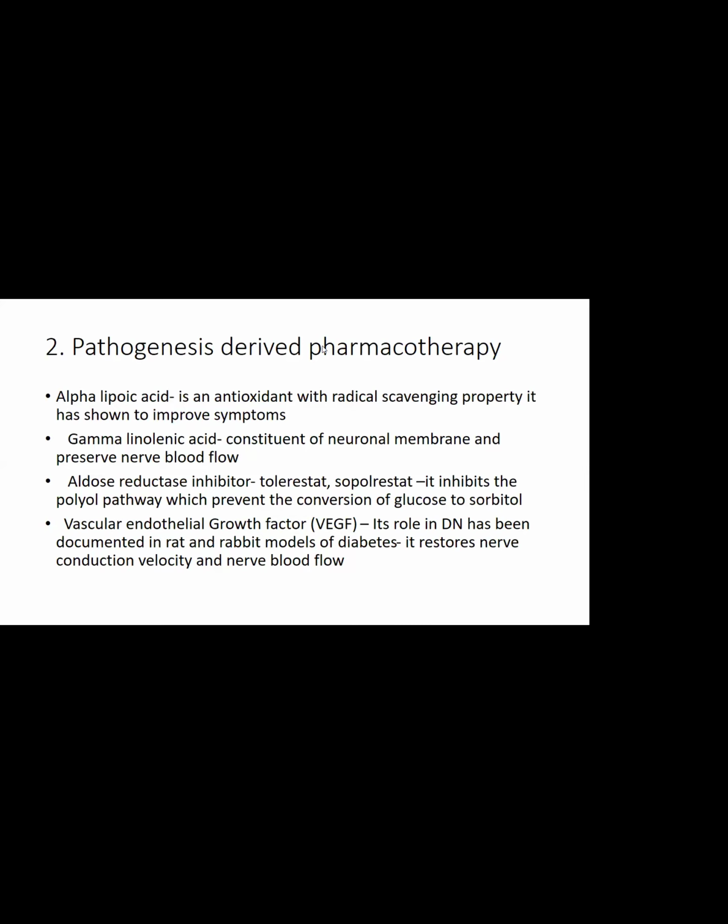Another one is gamma-linolenic acid, a constituent of the neural membrane that preserves nerve blood flow. Aldose reductase inhibitor inhibits the polyol pathway, which prevents the conversion of glucose to sorbitol.